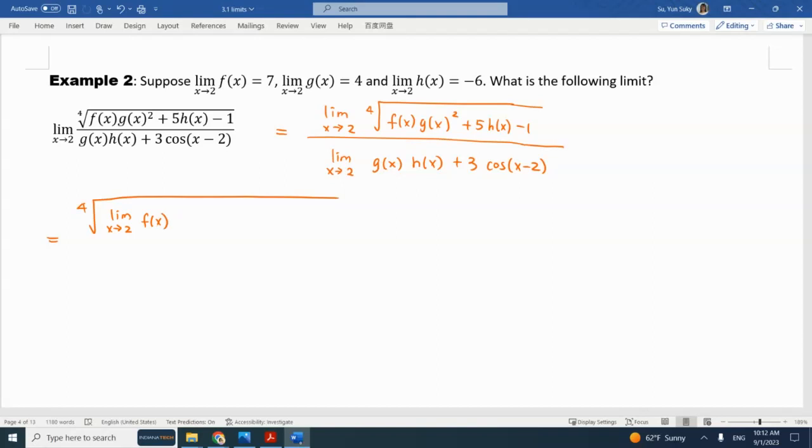And we can also, okay, if we want to do it step by step, let me do it step by step. And then if you get used to it, you can maybe skip some steps. We move the limit inside the power, and then downstairs we move the limit. So limit of sum is sum of limits. And do you see the limit of product is also product of limits? Yes. And the 3, we can move the 3 outside of the limit.